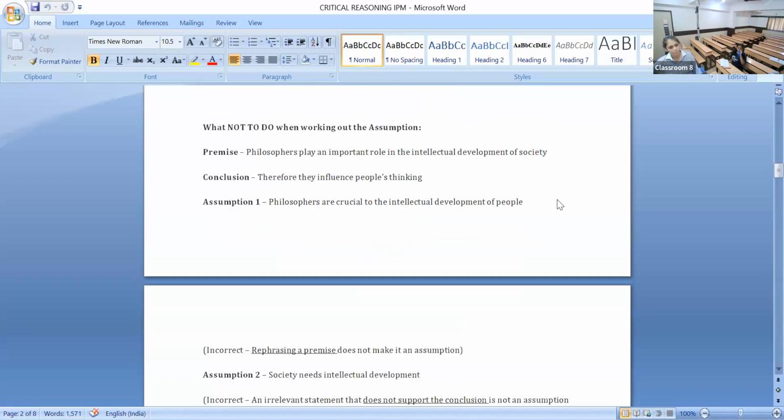Please write it down in your notebook. This is something important. Whenever you are working out the assumption, what not to do is rephrase a premise. You can just write it simply: do not rephrase a premise. Remember this in your exams.